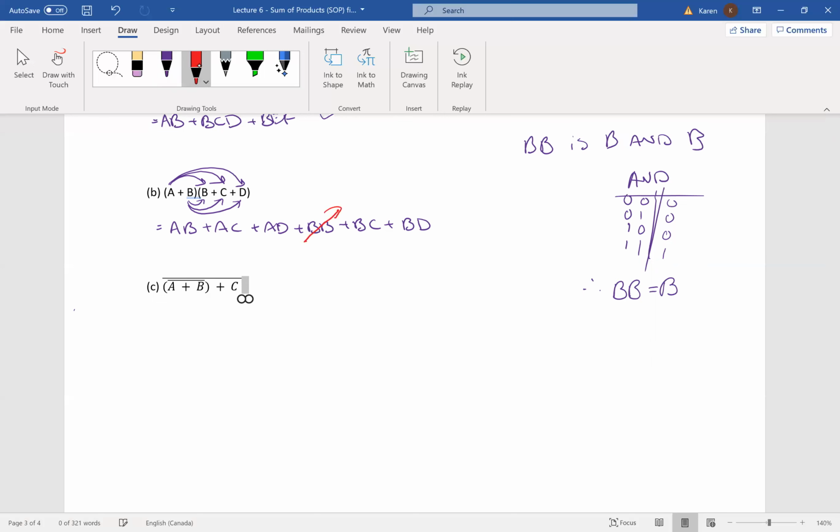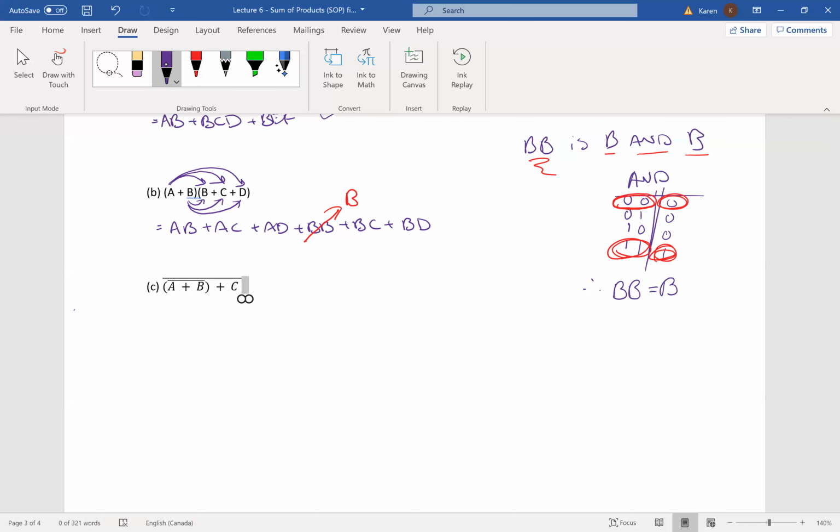Noting here, there are 2 B's, and I remember that that is a theorem, that means B and B. So I look at an AND gate, and I recognize that if the B's are both zeros, the output's 0. If the B's are both ones, the output's 1. So the output must be the same as each of those inputs. Therefore, BB can just be simplified as B.